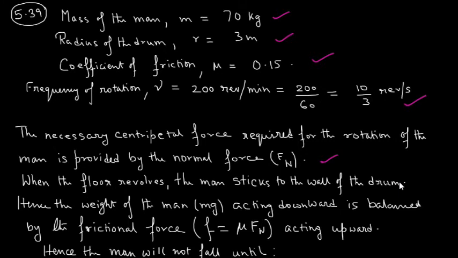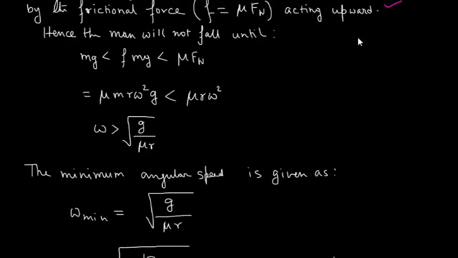Hence, the weight of the man mg acting downward is balanced by the friction force F = μF_N acting upward. Hence, the man will not fall until mg is greater than or equal to... mg is less than μF_N, which is equal to μ m r ω². Therefore, g is less than μ r ω², so ω² is greater than g/(μr).